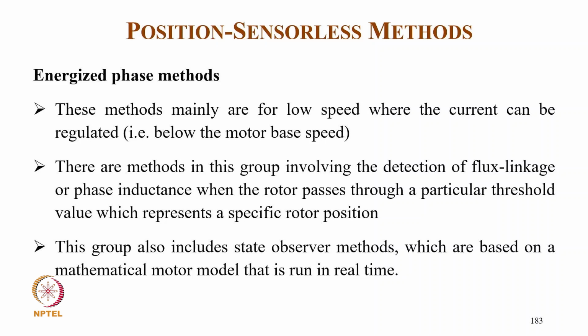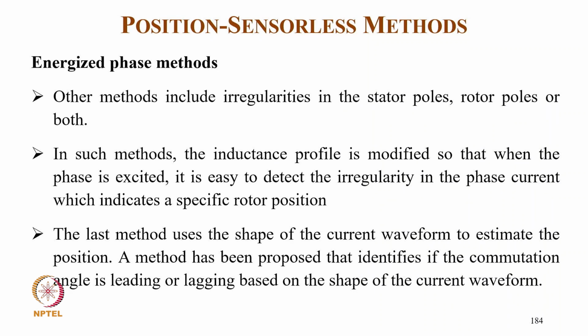There are methods in this group involving the detection of flux linkage or phase inductance when the rotor passes through a particular threshold value which represents a specific rotor position, and this group also includes state observer methods which are based on a mathematical motor model that is run in real time.